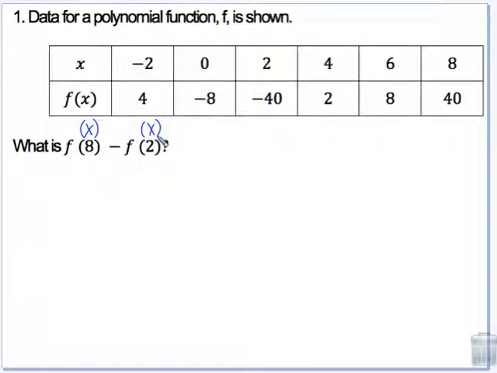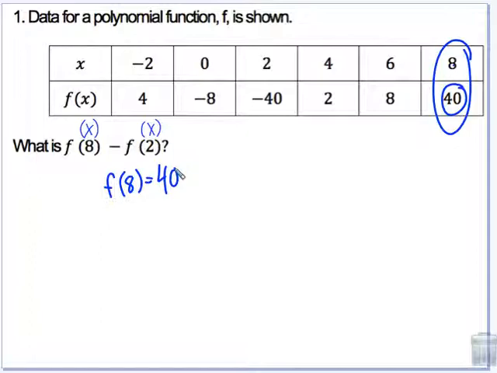So in this case, we are looking for f of 8 minus f of 2. So we want to know, what does f of 8 equal? And if you look right here, when your x is 8, your y is 40. So f of 8 equals 40, and f of 2 equals negative 40.